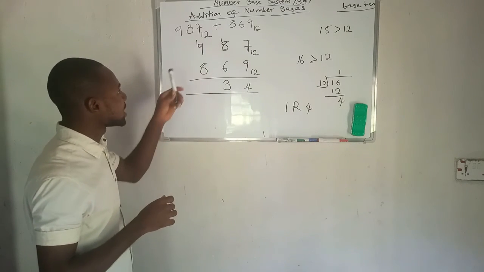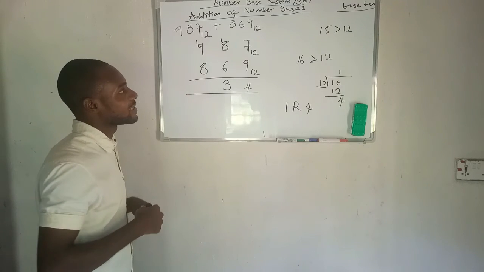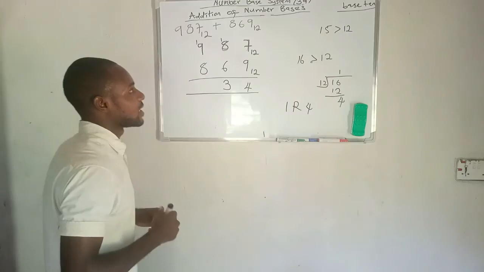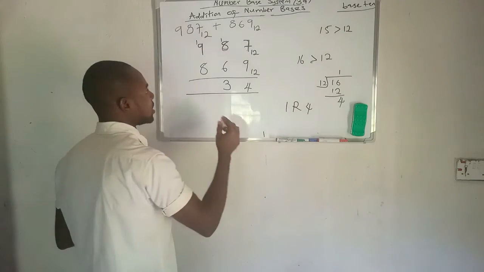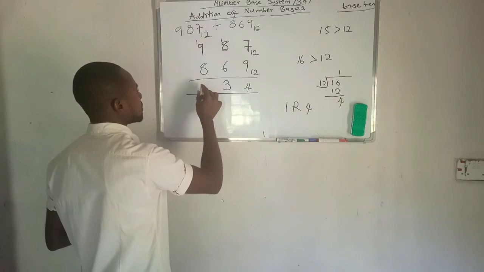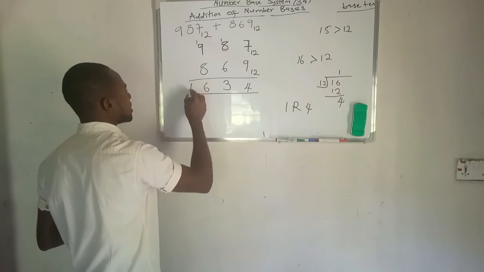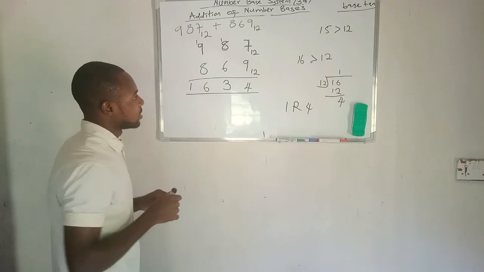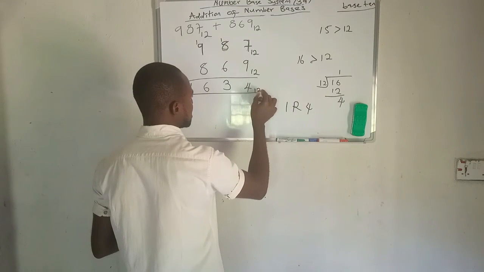So we'll have 9 plus 1, which is 10, then plus 8, which is 18. So we have 18, which is greater than 12, and when we divide it, we will have 1 remainder 6. So we'll have 6 here, and since there is no other number here, we bring down 1 here. So this will be 1634 base 12.